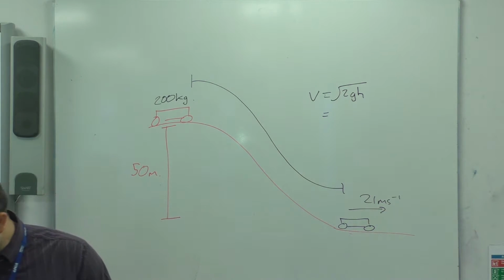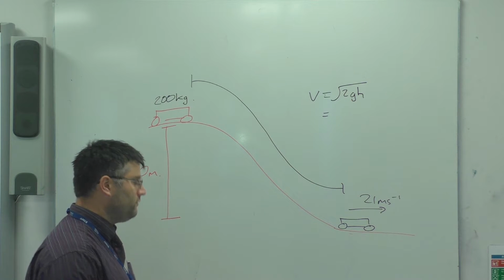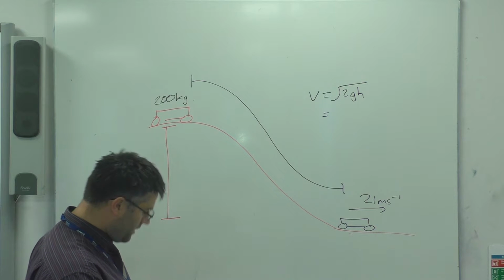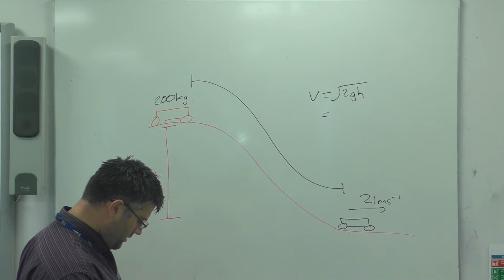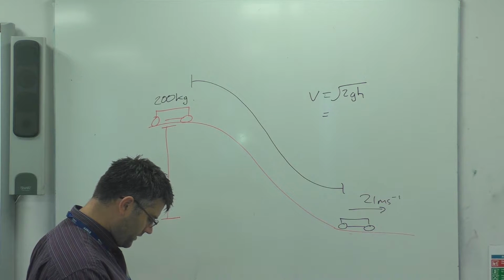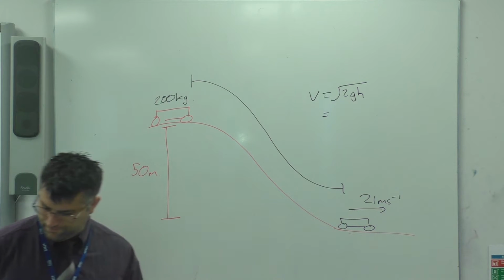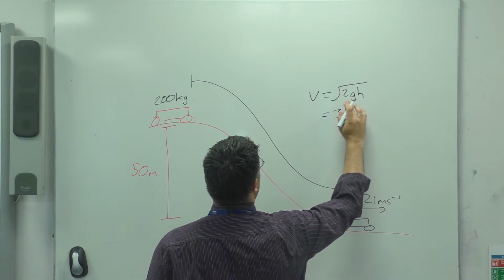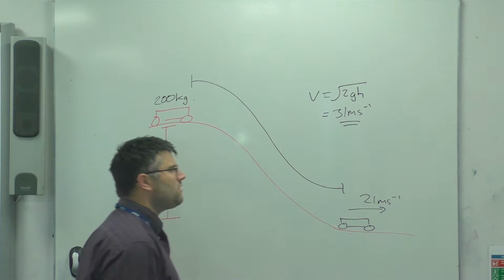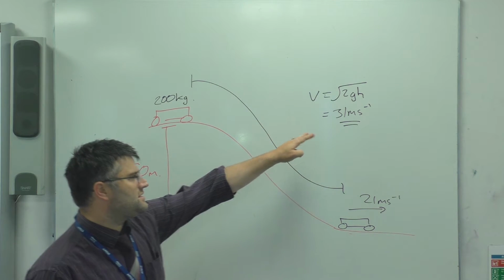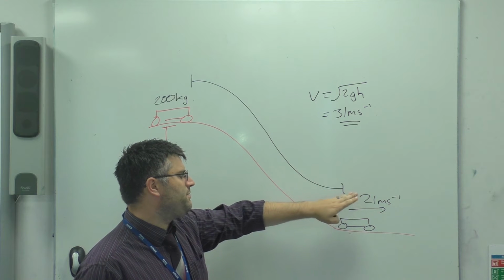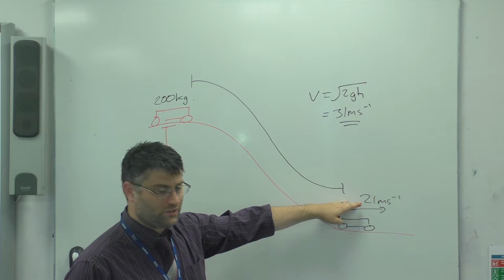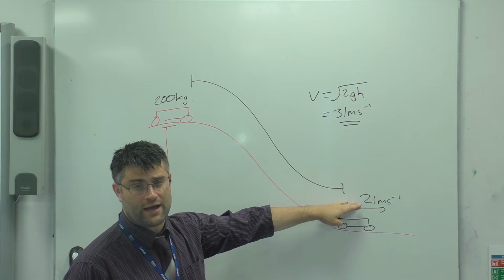If we plug the numbers we've got here into that, you should see that you get a value of about 31. So what that 31 is telling us is that there's been an amount of velocity lost as a result of moving down the track.